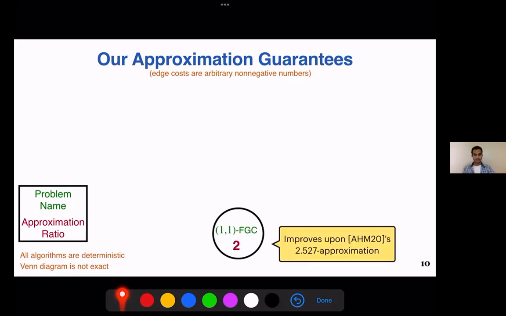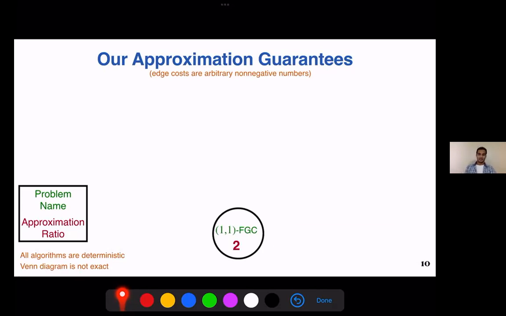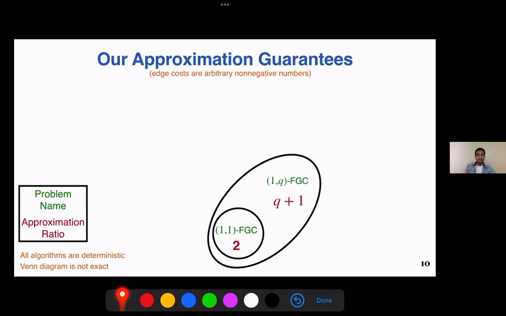This improves upon Adjiashvili et al.'s 2.527 approximation and matches the best known approximation ratio for the 2-ECSS problem. For the more general (1,Q)-FGC problem, where we want connectivity against failure of Q unsafe edges, we give a (Q+1)-approximation algorithm.